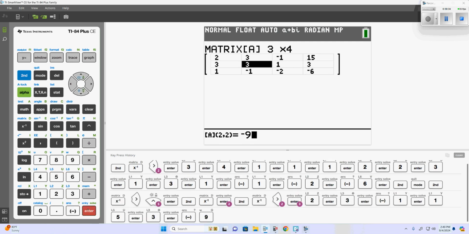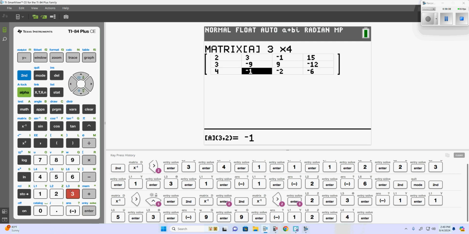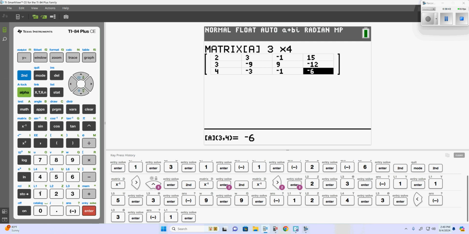Then 3, negative 9, 9, negative 12. Then 4, negative 3, negative 1, 19. Once you get it typed in, second quit. Questions on this so far? So we're all to here, yes?